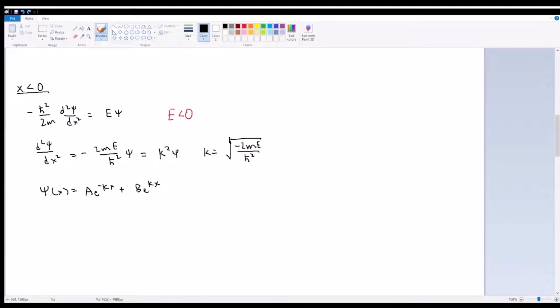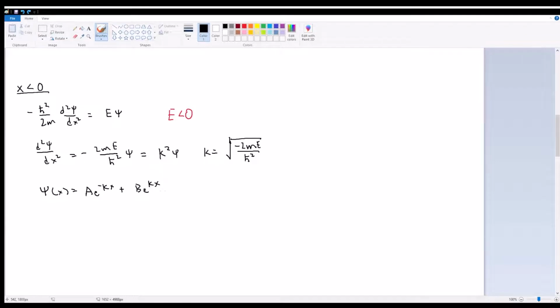In that case, we get complex exponentials or sinusoids. In this case, there's no negative sign, and k is a constant, so instead this gives us exponentials, just instead of complex exponentials.